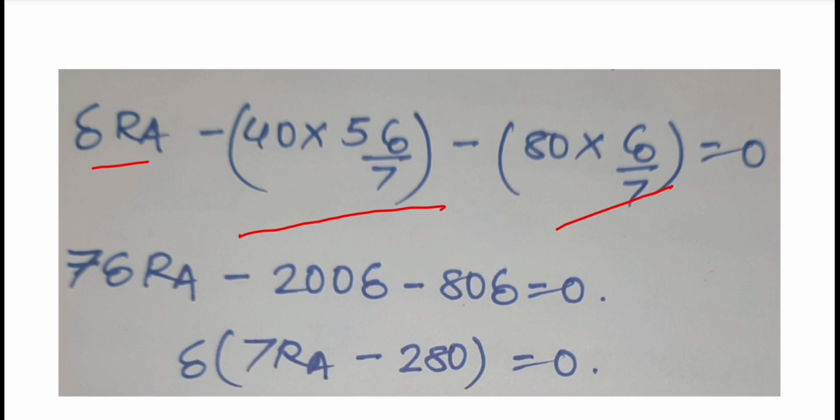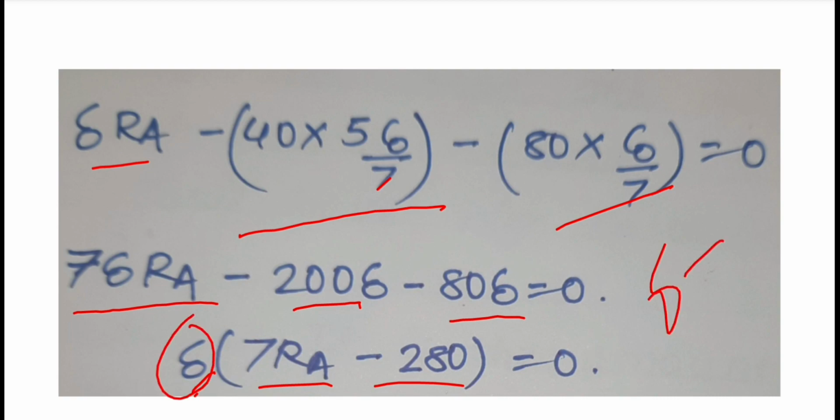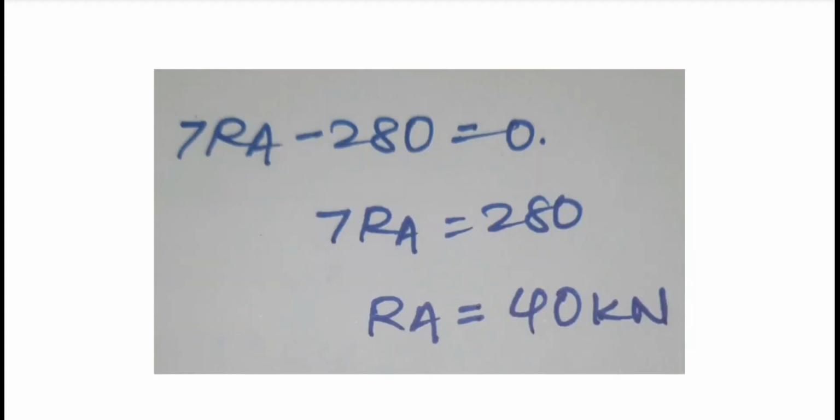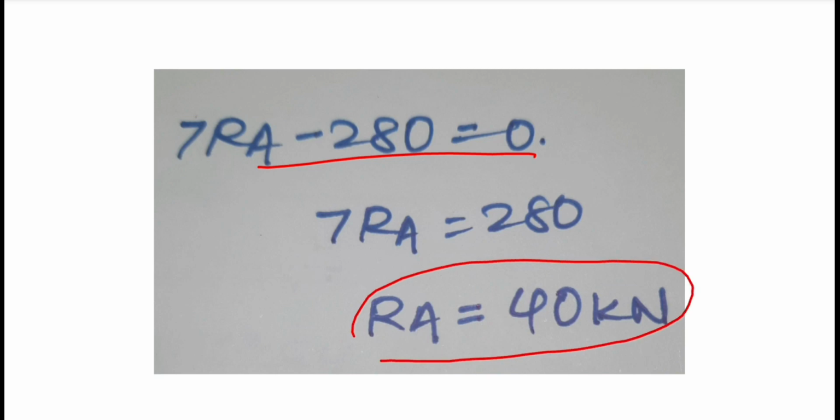We multiply each term by 7, then we get 7 delta RA minus 200 delta minus 80 delta equal to 0. If we take delta common, delta into 7 RA minus 280. But delta is displacement, so delta cannot be equal to 0. So we take 7 RA minus 280 equal to 0. So we get RA equal to 40 kilonewton.